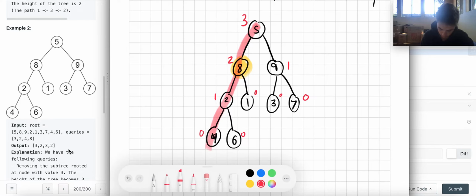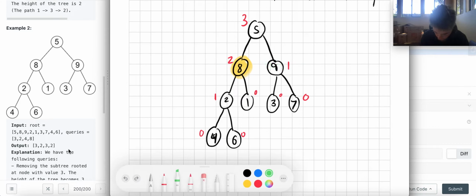So, how are we going to do this? Okay, I think I have an idea.